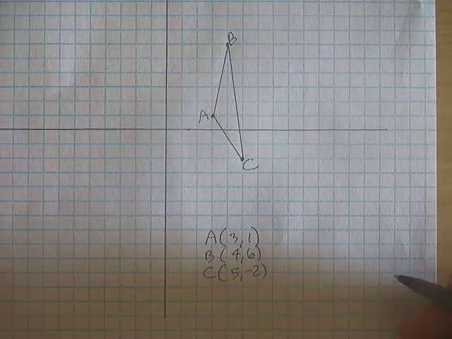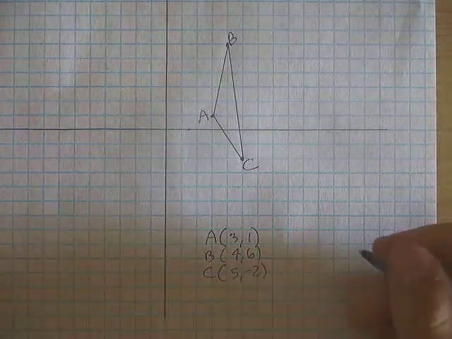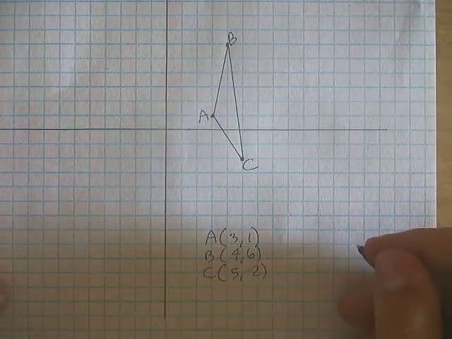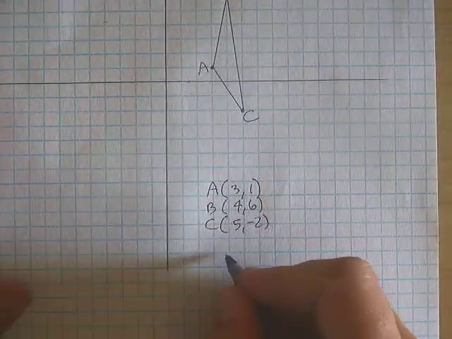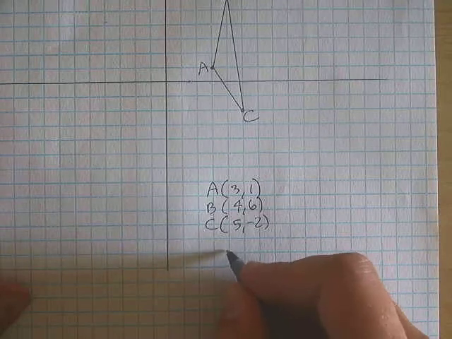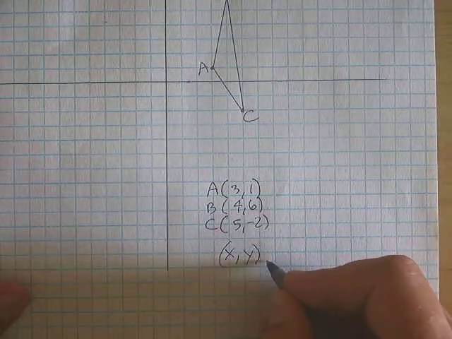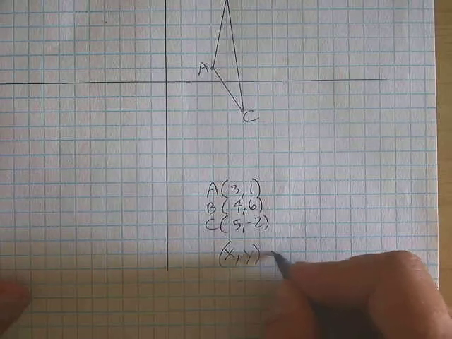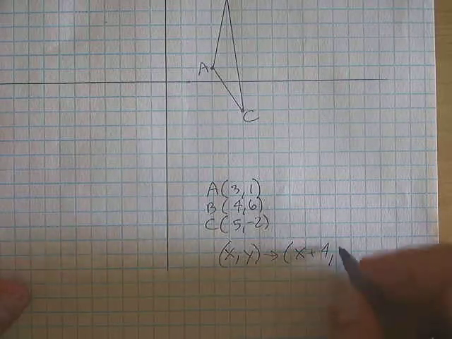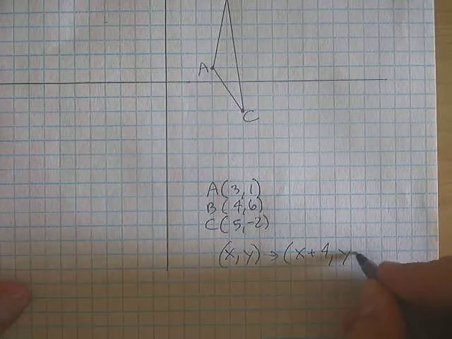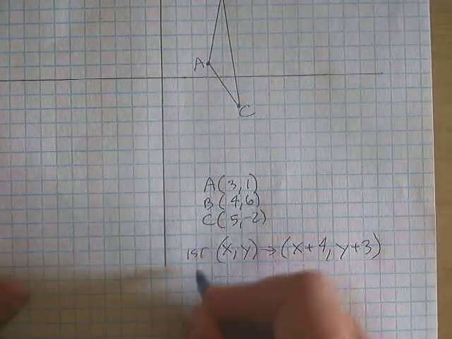All right? So we're going to do two different things, and you could choose any two transformations to do. So let's do this. First of all, let's translate it by a rule: (x, y) goes to (x + 4, y + 3).